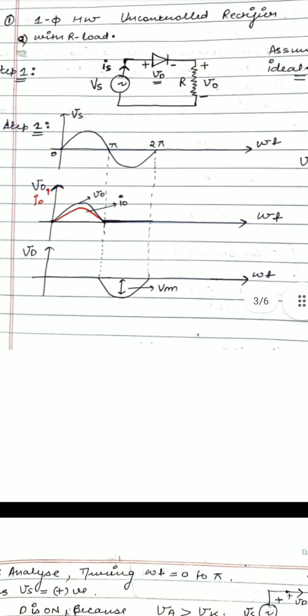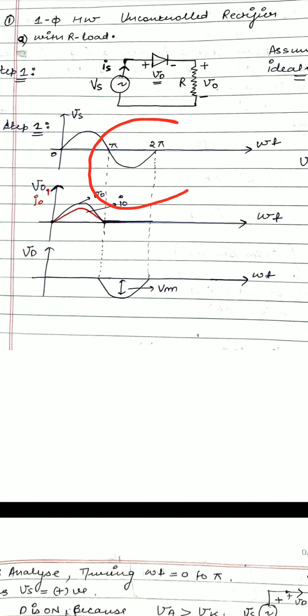Now here, during pi to 2 pi, as we can see that the supply voltage is negative, the anode side of the diode is negative as compared to the cathode side of the diode, means the anode potential of the diode is negative as compared to the cathode potential of the diode.